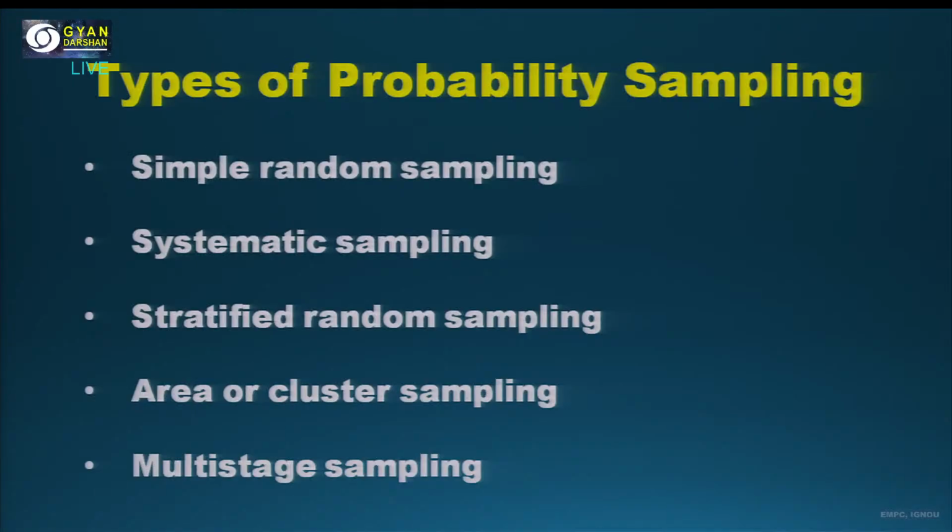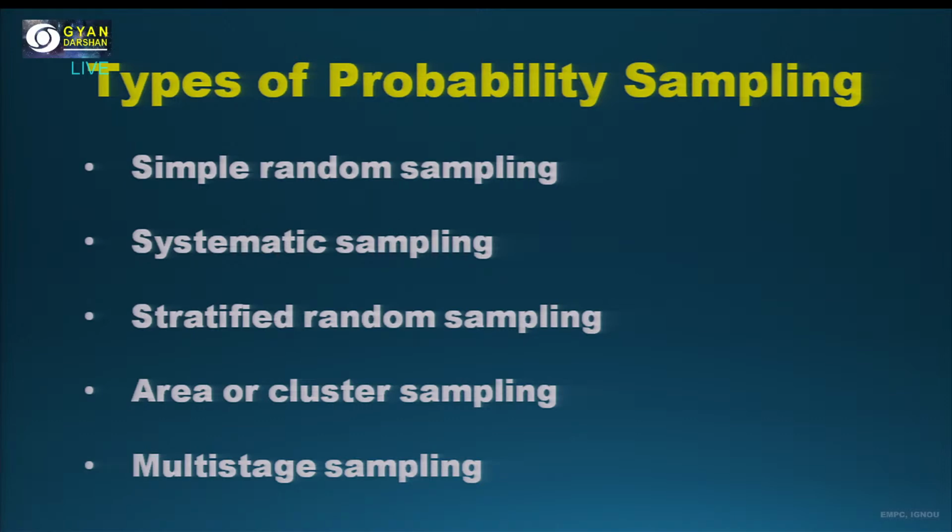Now, if you see the probability sampling methods, as you see on the slide, there are different types, like simple random sampling, systematic, stratified, area or cluster, and multi-stage sampling. These are the major types of probability sampling method. One of the major characteristics is that each individual has an equal probability.